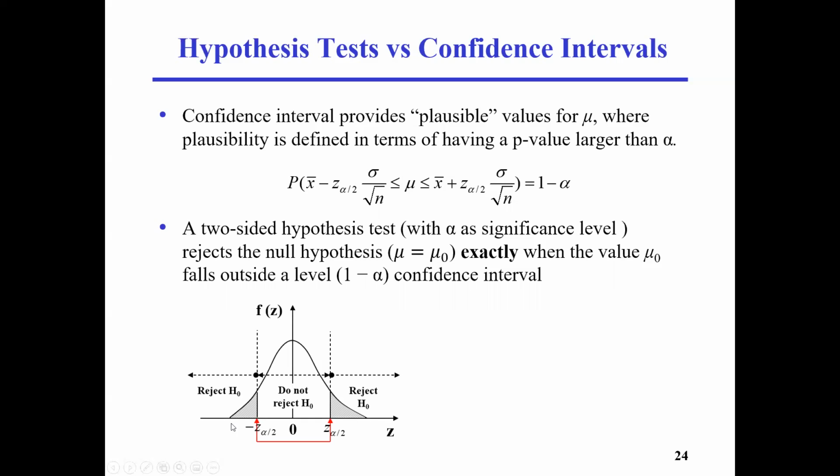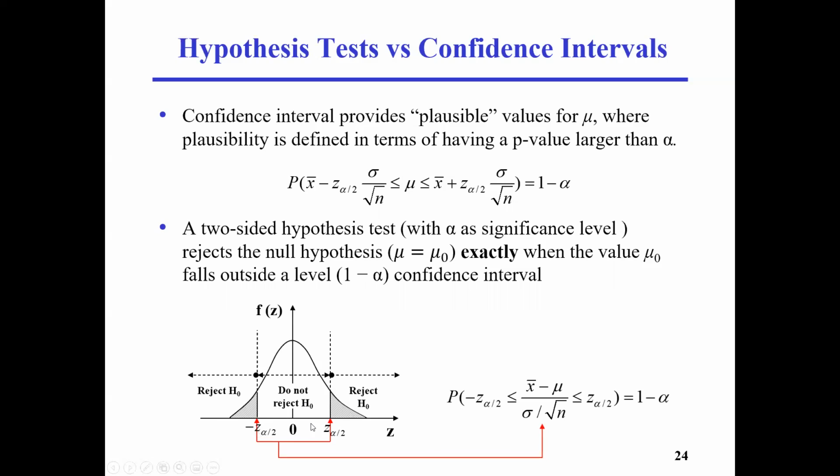So what does it mean? Here, I'm using this old graph showing you the do not reject range and reject range defined by two critical values, z half alpha and negative z half alpha.